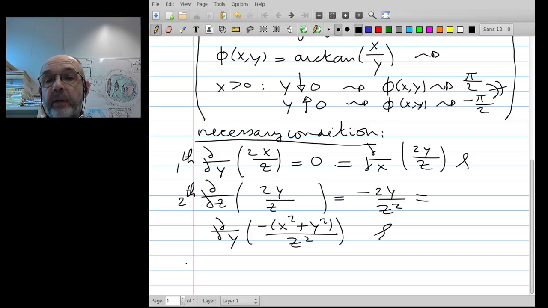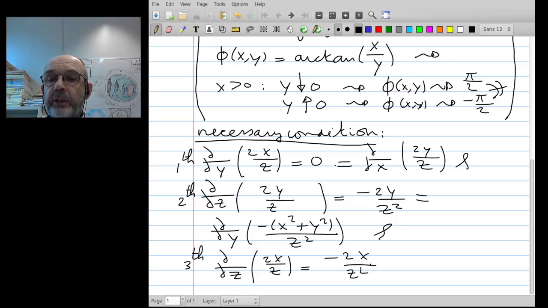and we are in R3, so we have a third condition, and that is the derivative to z of the first component, and if we calculate it, we get minus 2x divided by z squared. That has to be equal to the last component differentiated to x, and I see also that that is true.